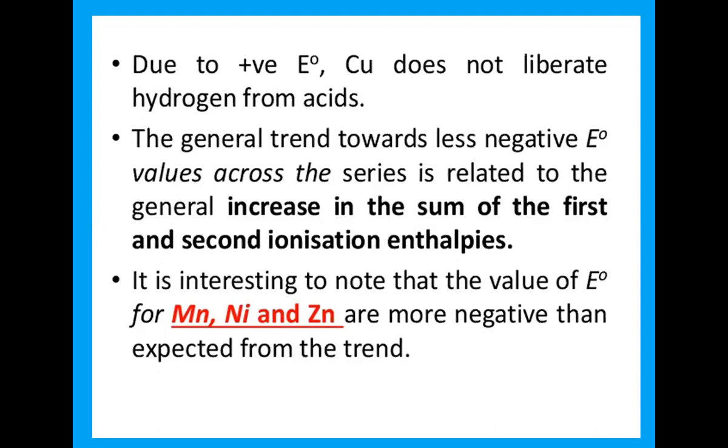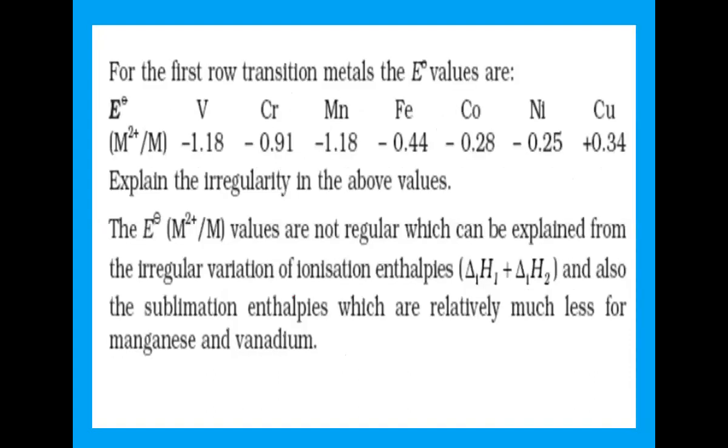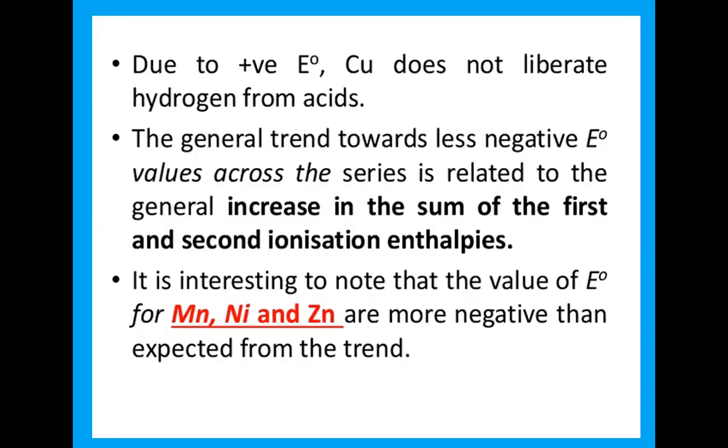It is once again attributed to the factor: E naught equals delta enthalpy of sublimation plus first ionization energy plus second ionization energy plus enthalpy of hydration. Very interesting to note that when we observe that table, vanadium, chromium, manganese, and nickel show a more negative electrode potential value than expected.